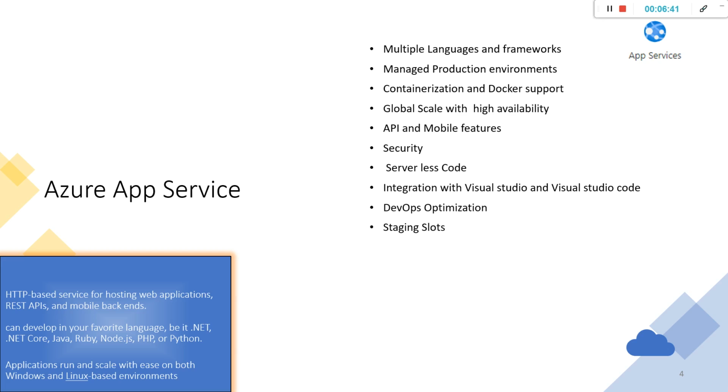And DevOps integration. In Azure, we have Azure DevOps, and Git is a source control. We can use Git, and we can build the code whenever a developer commits the code.